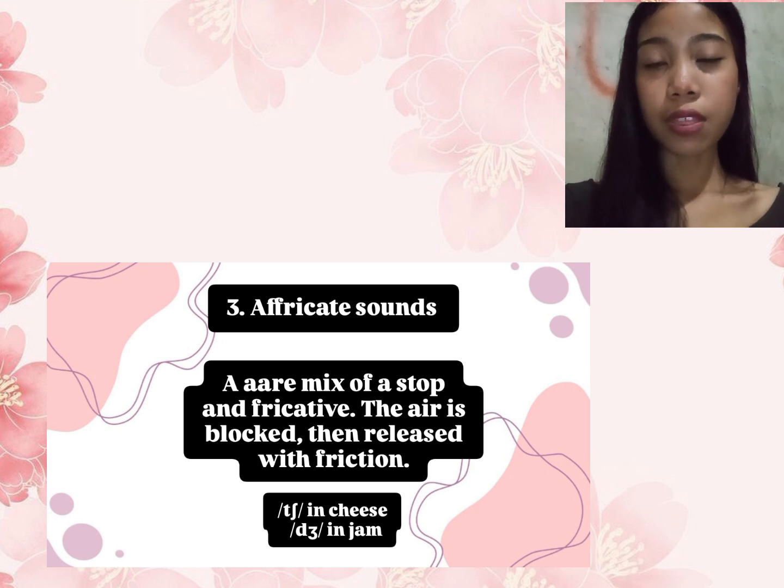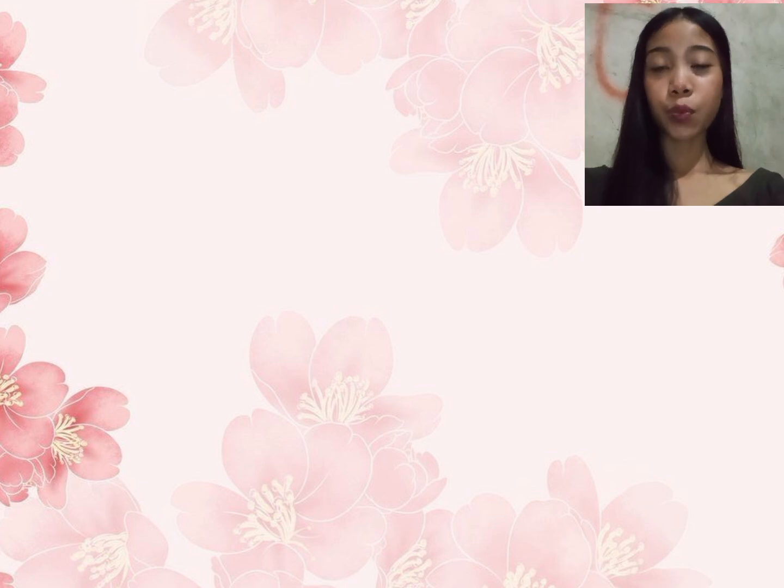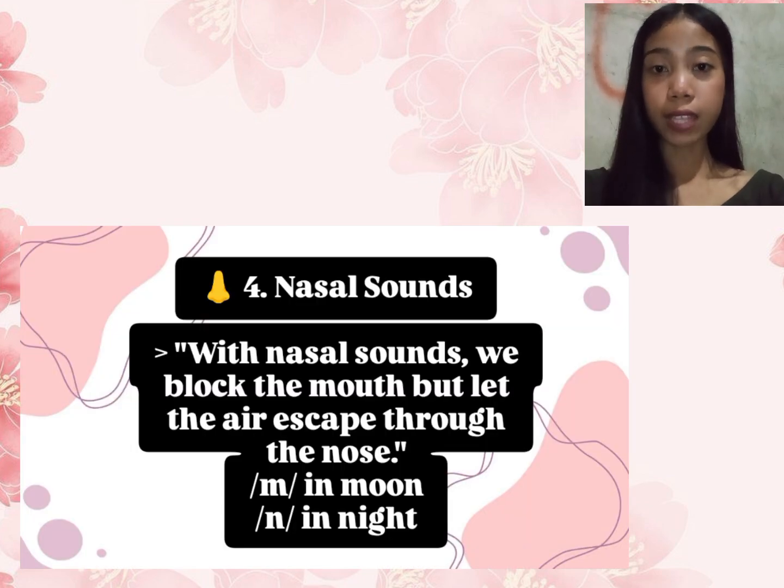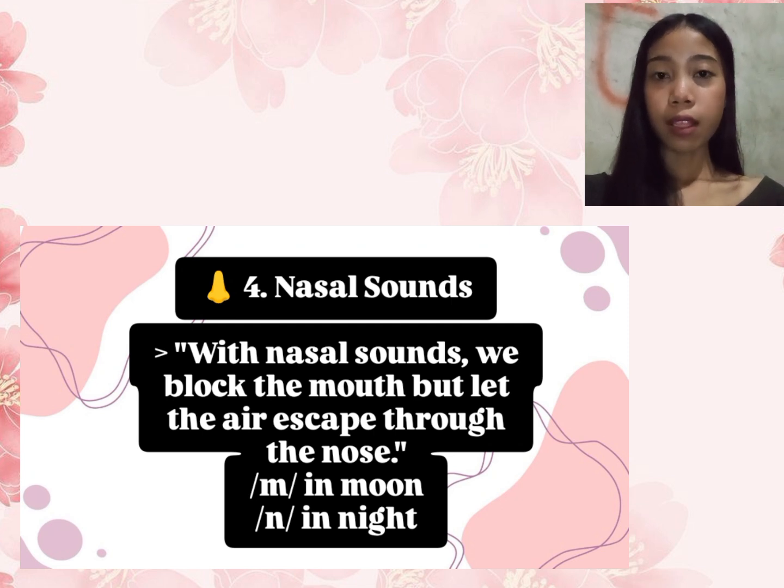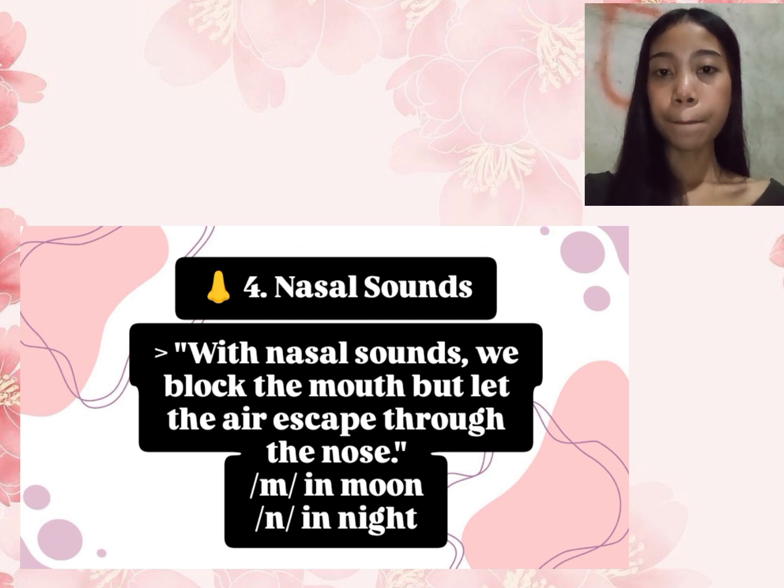So that's the example of affricate. Next, we have the nasal sounds. With nasal sounds, we block the mouth, but let air escape through the nose. For example, moon and night. So that's the example of nasal sounds.